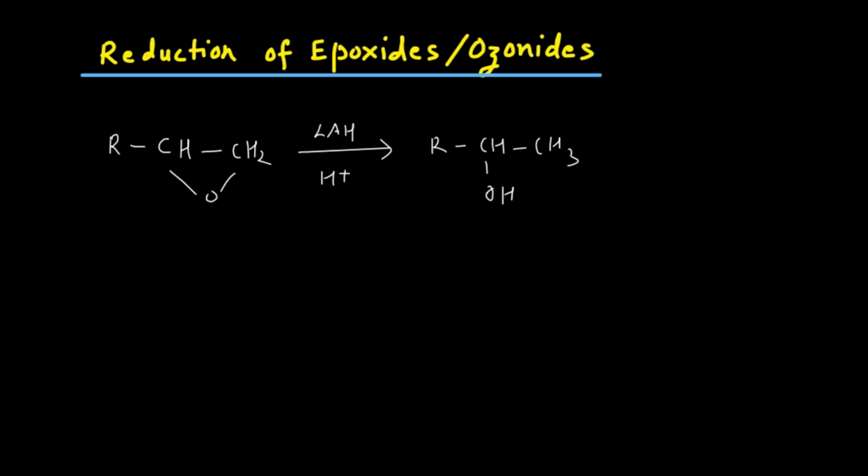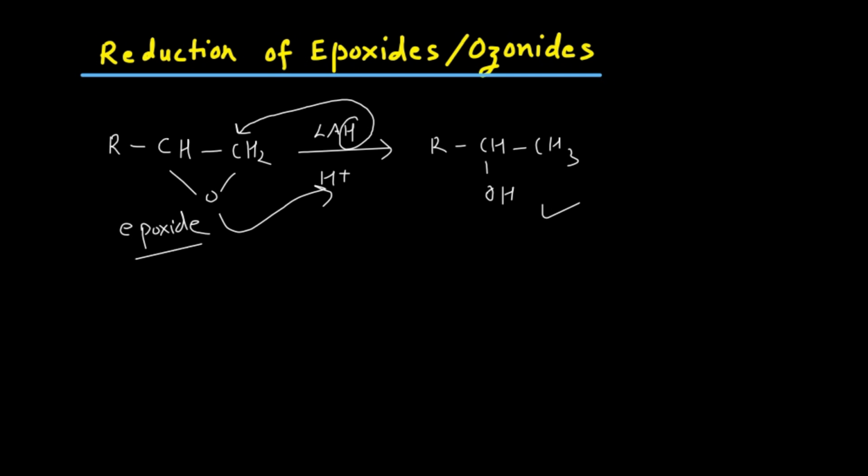Please remember, this hydrogen will go to any of the carbons, and this proton will come here. You have produced an alcohol, right? So this is your epoxide. Cyclic ethers are epoxides, you know.